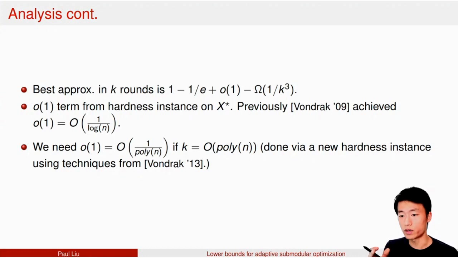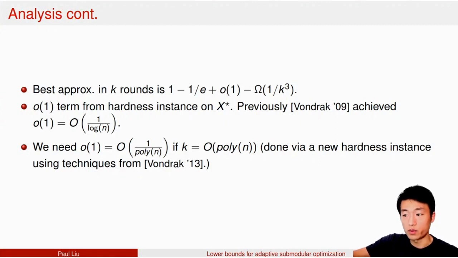So in the regime where the number of rounds is actually polynomial in n, that is n to some constant less than 1, we actually need the little o of 1 term to be inverse polynomial in n. But the best previously known instances, for example, in Bondrak 2009, only has a 1 over log n factor as the little o of 1.